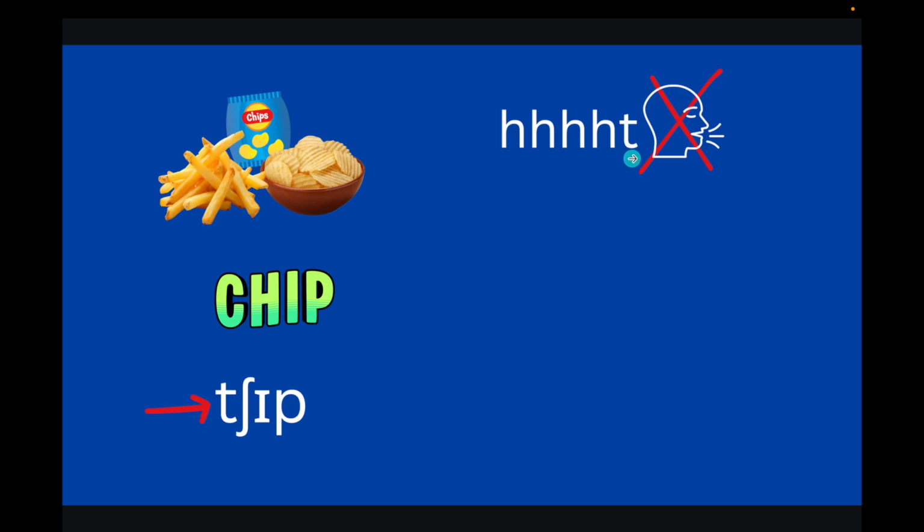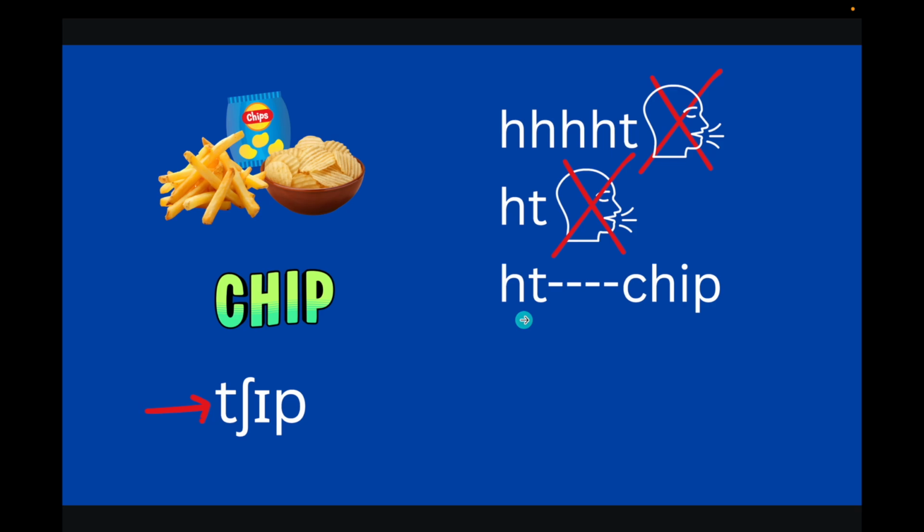So we are going to stop the air at the end, but we're just not going to let any t sound come out. Then we're going to do the same thing, but we're going to allow the h sound to get shorter and shorter. Eventually, it'll sound like this. Again, we're not going to do the t at the end.